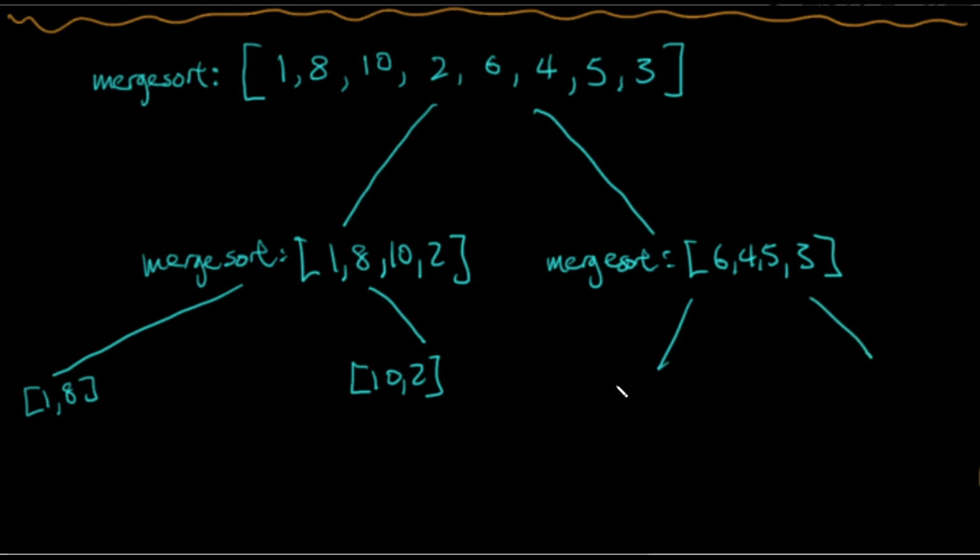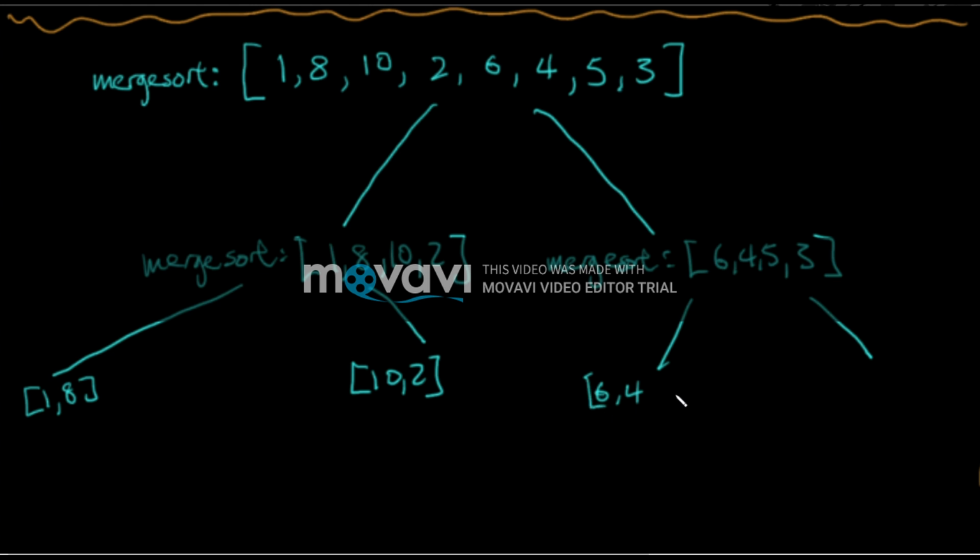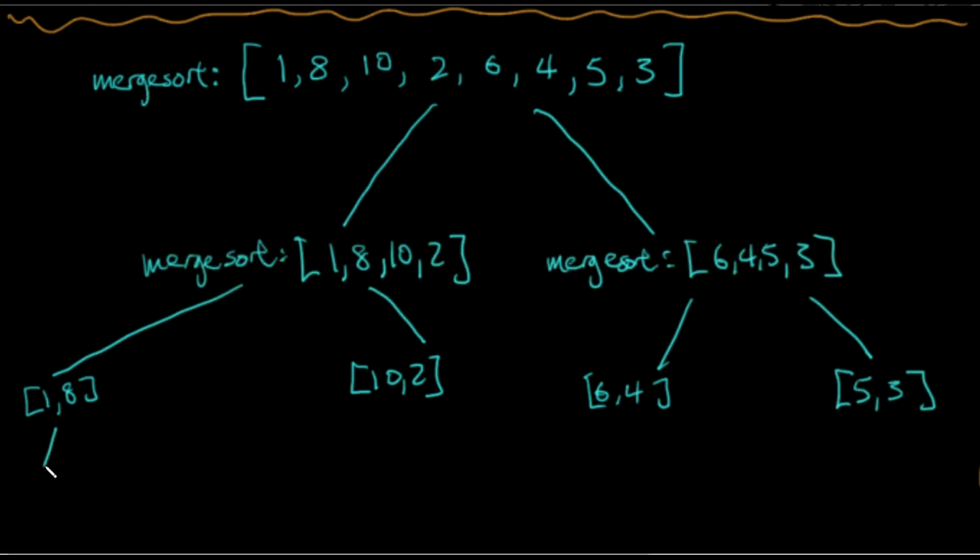I'm going to do the same thing here, 6 and 4. These are all merge sort calls, I just wanted to save space and not write them. And then these are going to split themselves in half, and they're going to call merge sort on these length 1 arrays.